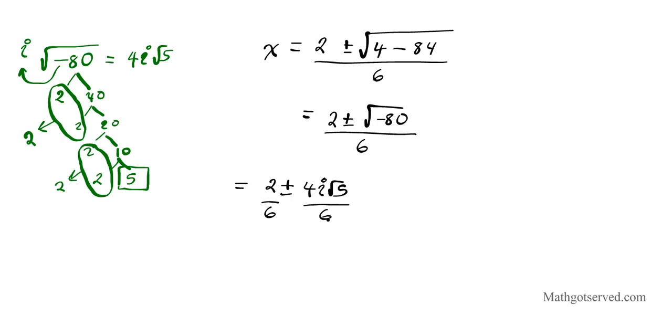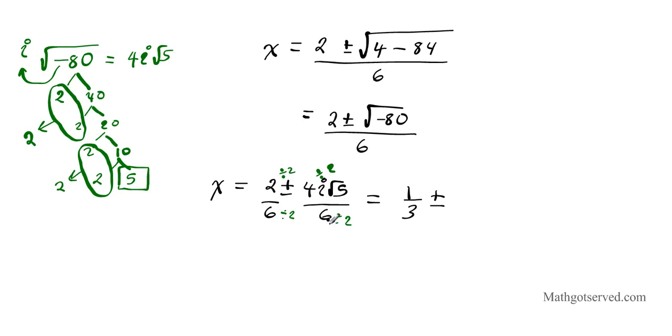Let's reduce this and that will tell us what x is. So this equals 1 over 3 plus or minus 4. Wait a minute, the 4 and the 6 can be reduced, right? I divided by 2 top and bottom, because the GCF of 4 and 6 is 2.